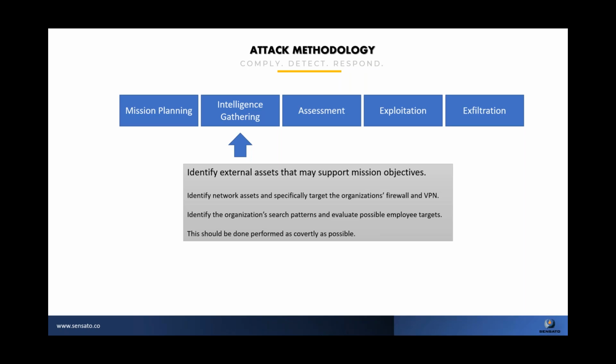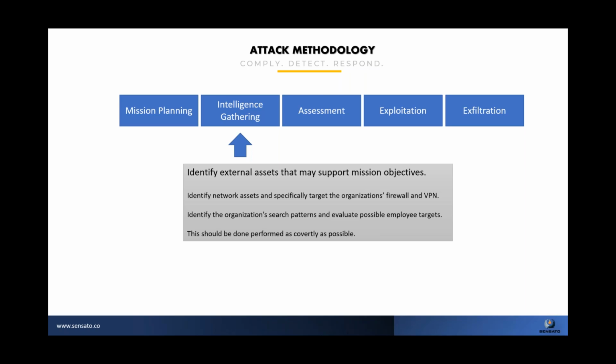If a lot of people in your organization are searching for traveling nurse opportunities or traveling nurse jobs or per diem, then putting together a phishing campaign that talks about traveling nurses or per diem work would be great, because you have people doing that. They're going to see something come into their inbox about travel nurses. They're going to be very interested in that. And so that's an opportunity for us to take advantage.